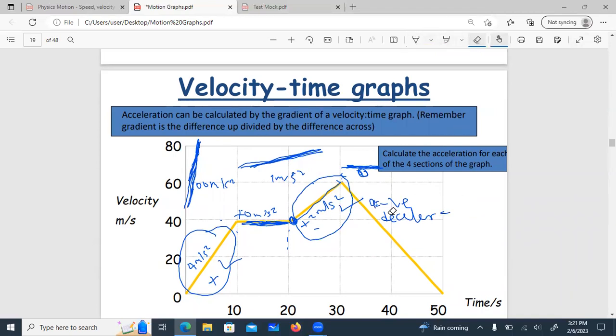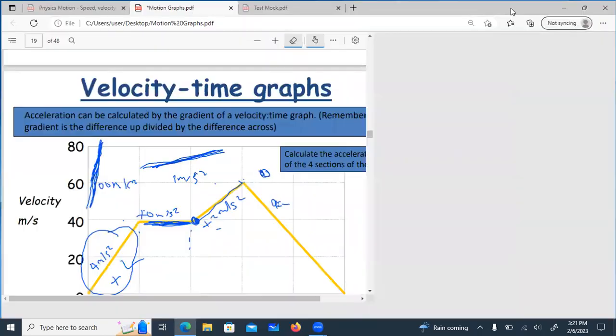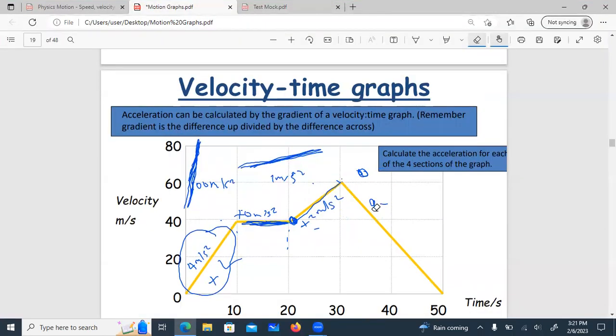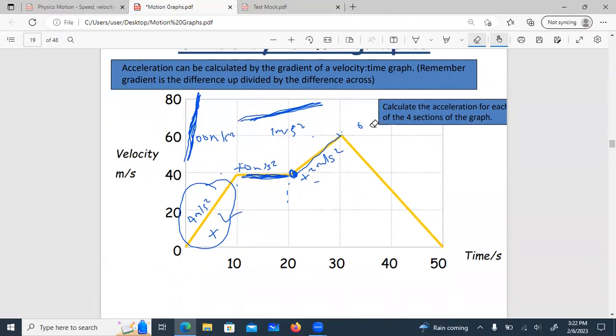So where we have deceleration, it means our acceleration is a negative value. Let us solve the problem here. Now we are going to calculate the acceleration within the time stamp 40 seconds to 50 seconds. What's the value of acceleration here?